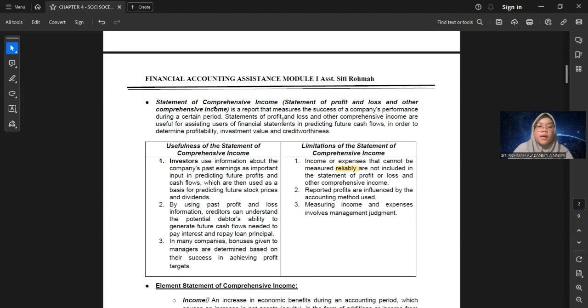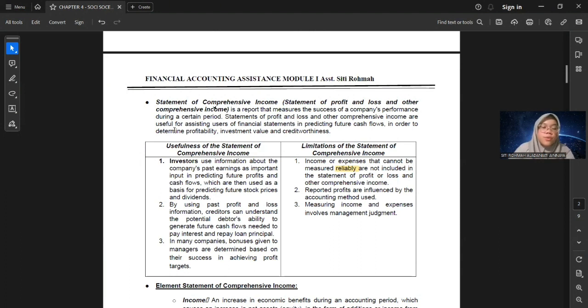It is a report that measures the success of a company's performance during a certain period. The statement of profit and loss and other comprehensive income is useful for assisting users of financial statements in predicting future cash flow in order to determine profitability, investment, and creditworthiness.